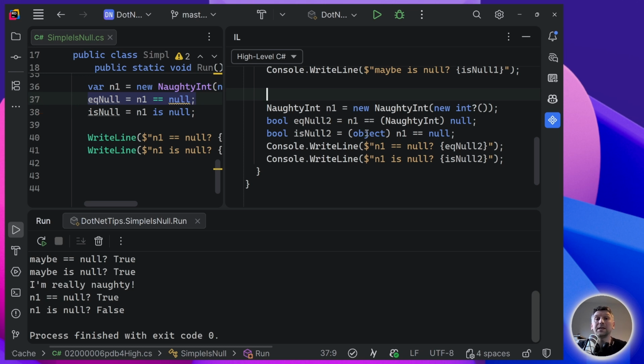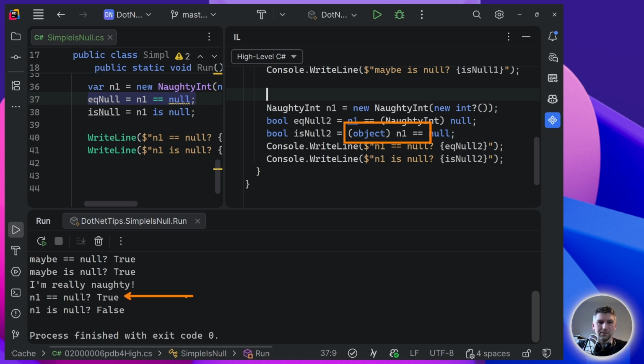In the case of the equals operator, n1 goes first, so the equals operator is invoked on the instance of NaughtyInt. However, in the case of the is operator, the equals operator is called on the System.Object class, which means this will compare the references.